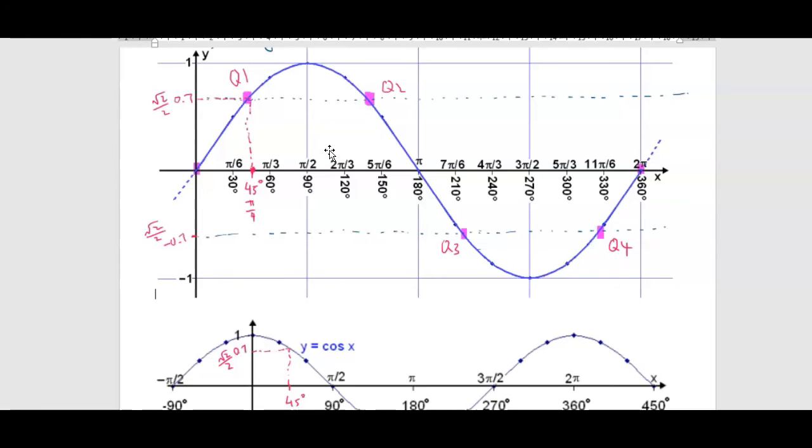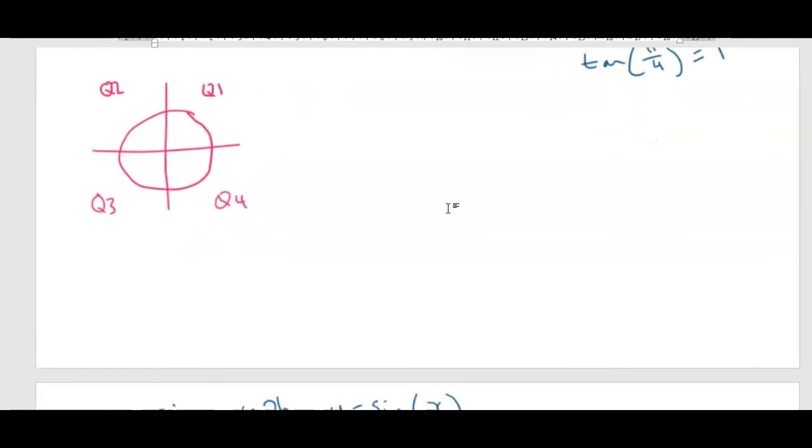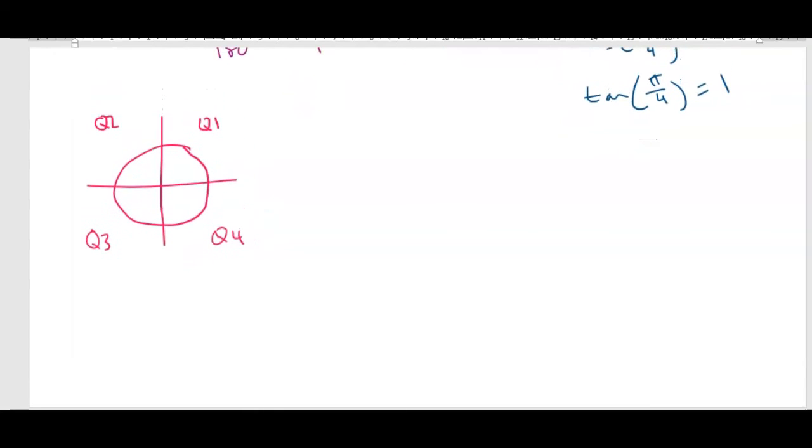Okay, so if I go back up here, just because I've got a bit of space, I'll draw the unit circle again. Here's quadrant 1. Remember, we go in an anti-clockwise direction. Quadrant 4, and I might make the screen a bit bigger because it's going to get too messy from my writing. Okay, so we did 45 degrees.